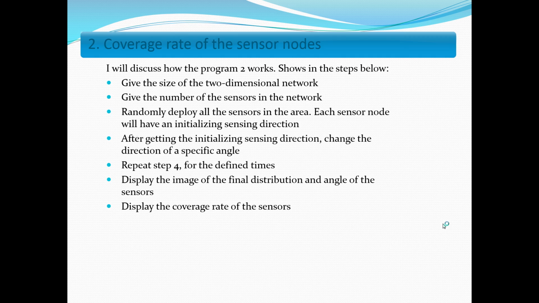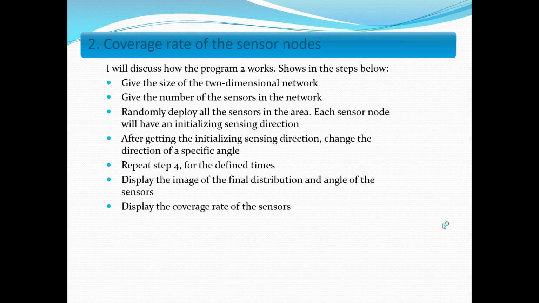So I want to discuss how program 2 works, shown in steps here. First, I give the size of the two-dimensional network. Second, give the number of sensors in the network. Third, randomly deploy all the sensors in the area. Each sensor node has an initial sensing direction.